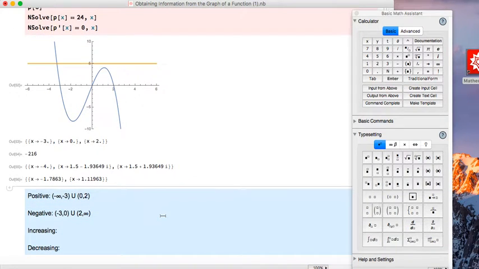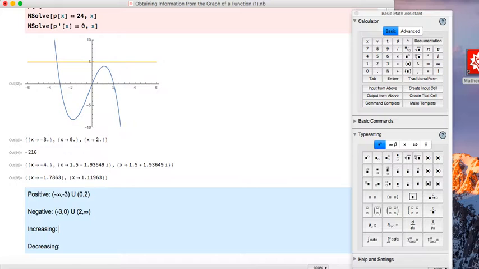Then for increasing and decreasing, the graph is decreasing from -infinity to this point, then increases to this point, then decreases. So one interval is increasing, from -1.8, I'm going to keep one decimal place, to 1.1.